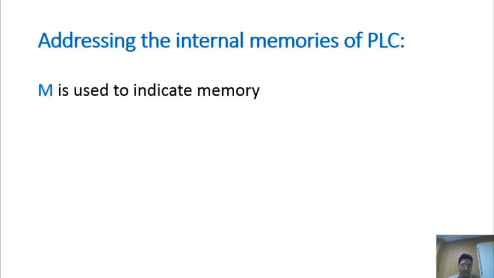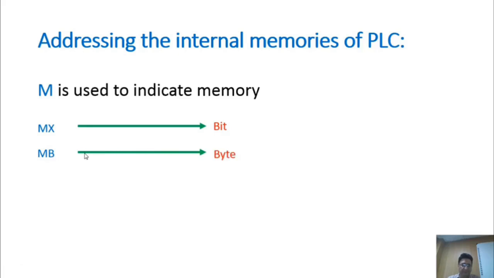We represent the internal memory of the LSPLC with M. If we use MX, MX represents a single bit of memory. If we use MB, it stands for M byte, meaning we want to assign a value to 1 byte of the PLC's memory. If we use MW, we mean word.